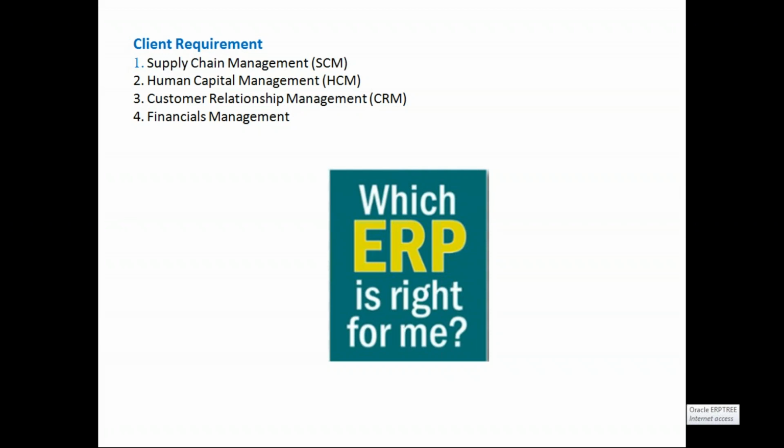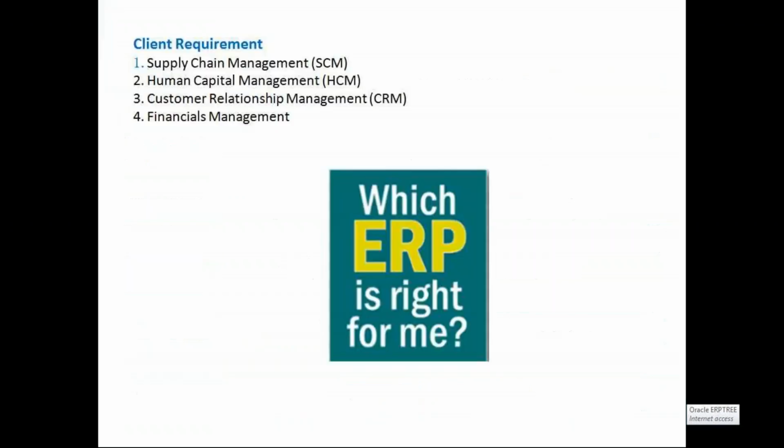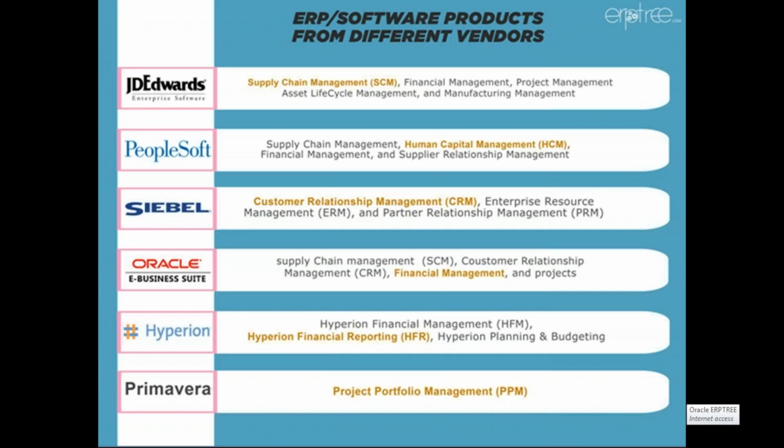So as per their business functions, say they want to implement these areas of applications. Now tell me which ERP is the best. You don't find one ERP which will suit best for their organization's need. The reason is they need SCM, HCM, CRM, and finance. There is no one ERP which is offering the best solutions for these 4 areas.